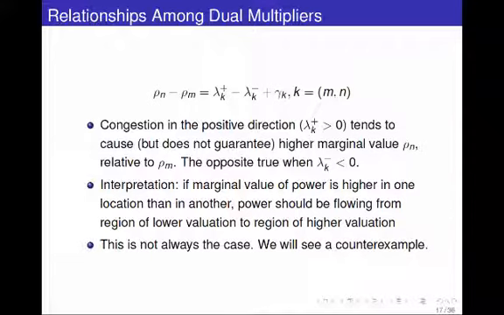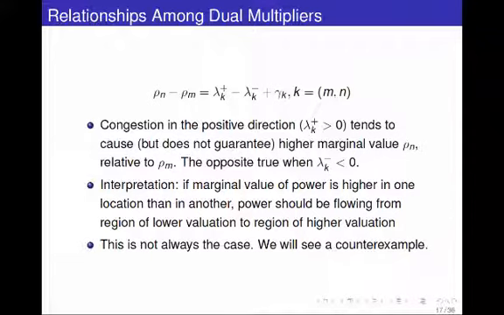If you look at it in terms of sensitivity, it makes plenty of sense. So, like I said earlier, the rho at bus n is the marginal benefit of injecting power at bus n. Rho at bus m is the marginal benefit of injecting power at bus m.